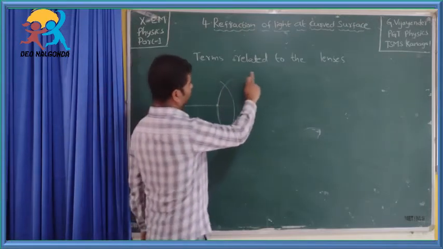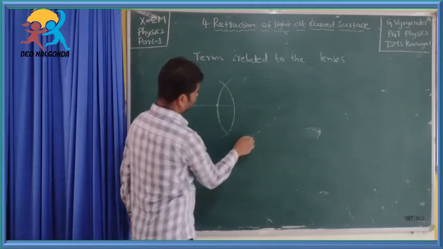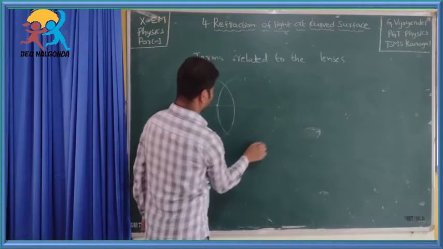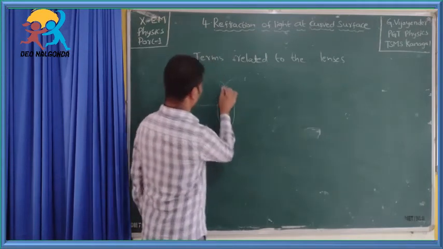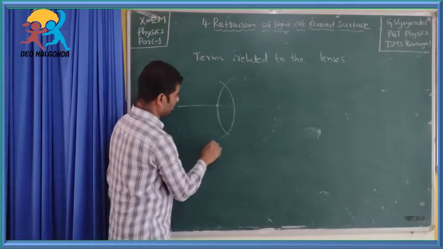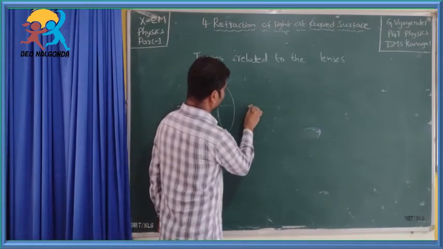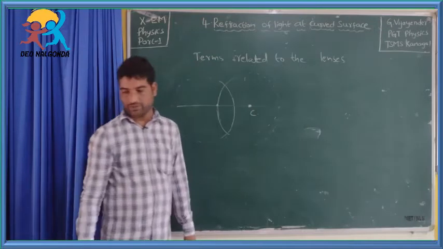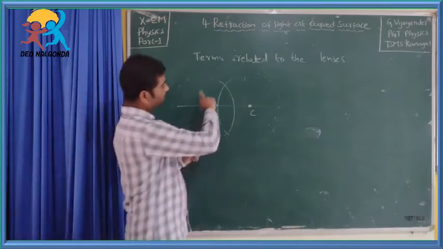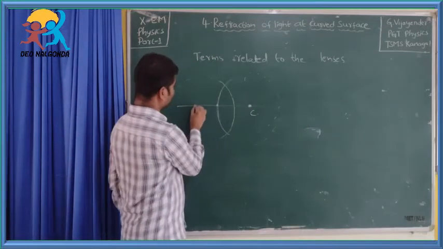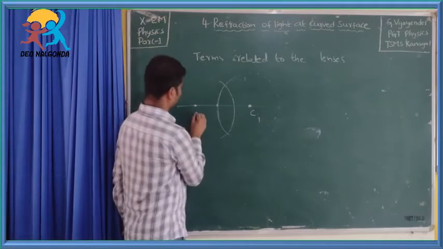These two are made from two spheres. The center of the sphere of which the lens surface is a part is called the center of curvature. Here two surfaces are spherical, so it has two centers of curvature, C1 and C2.